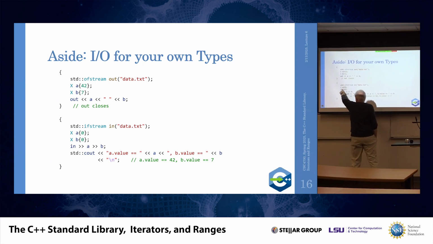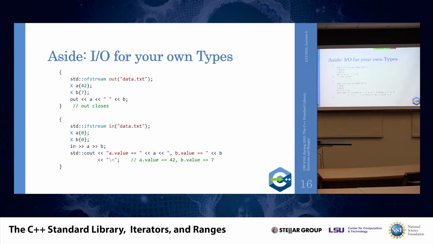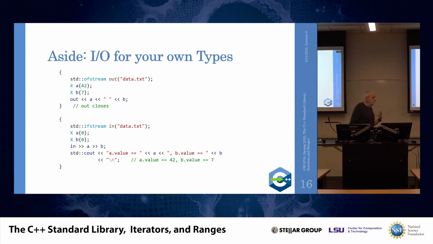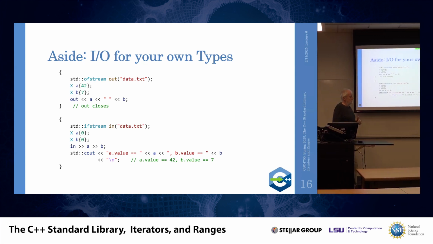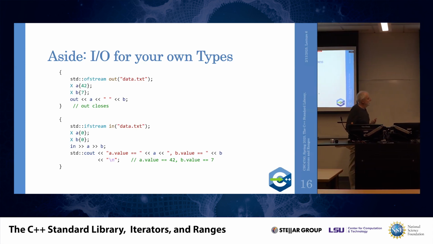Right, I define some default constructed x's, and then I use the input streaming to write whatever I was writing into the file back into my variables. So you can extend that streaming mechanism in any way for your own types, and that is very important.